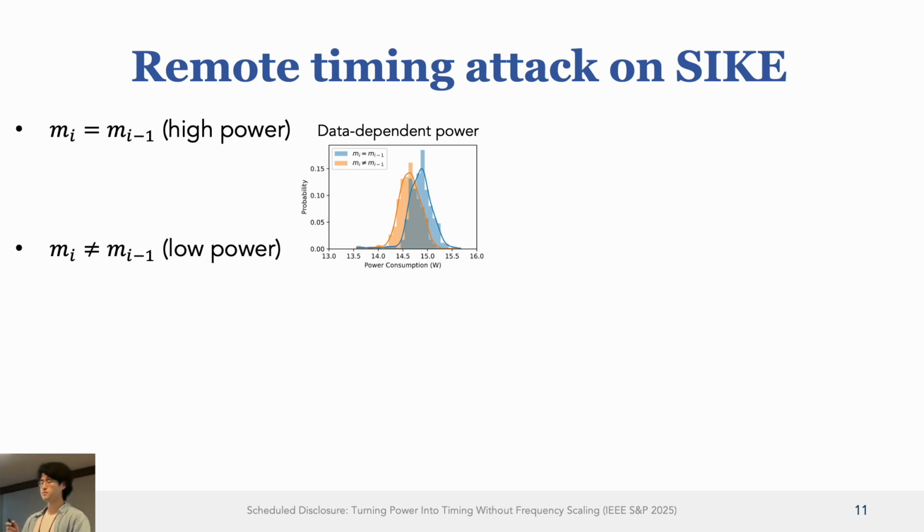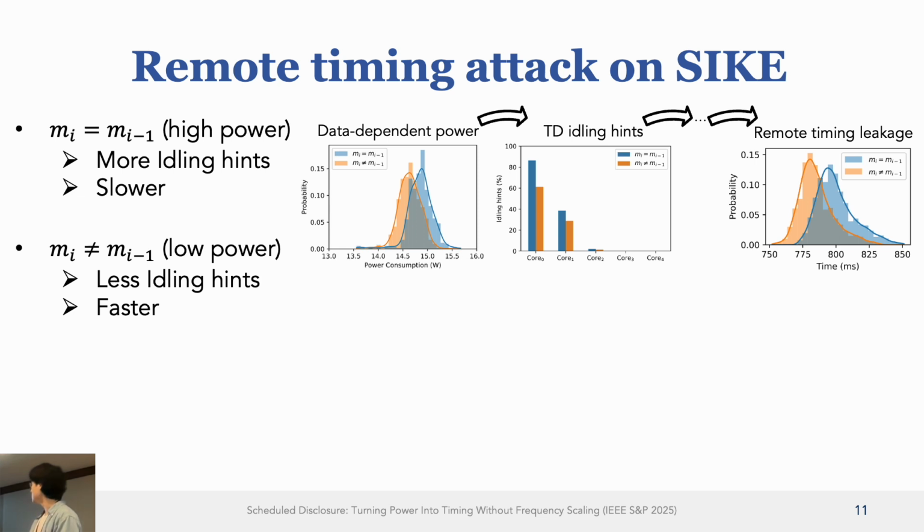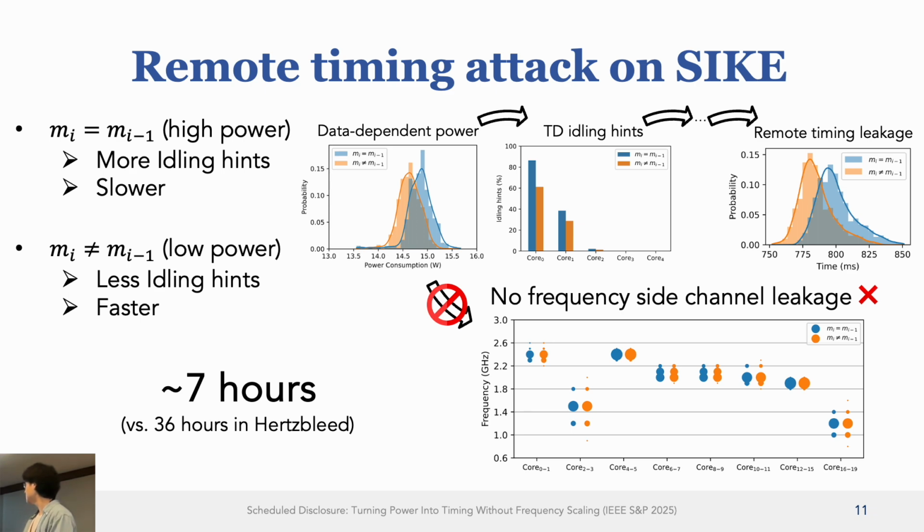As the processor power consumption affects the processor idling hints, changing the scheduler behavior and ultimately the program runtime, we can leak the cryptographic key through a remote timing attack in the absence of frequency side channel leakage. We achieve an end-to-end full key recovery 5 times faster than what Hertzbleed has shown previously.